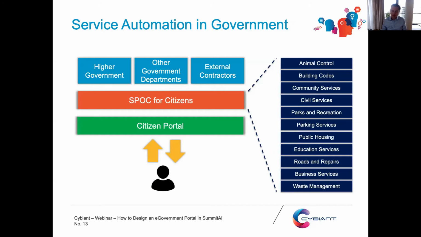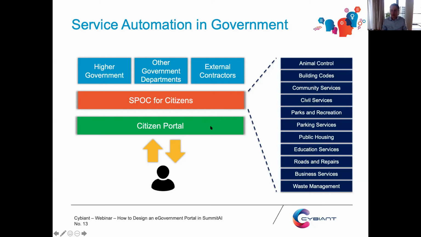And if we take the model that we drew in one of the previous slides a little bit closer and think about how automation could work in government, we would need to build a portal between those different departments of the government and the users itself. That will make it very easy because it means that a user can interact with the citizen portal, request any of the services that we see on the right, and then receive the services back.